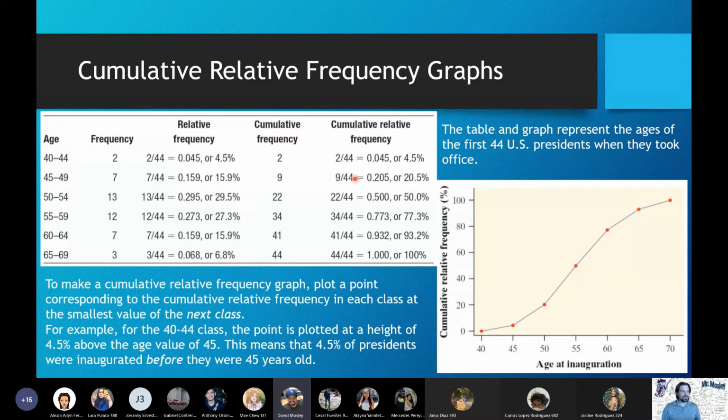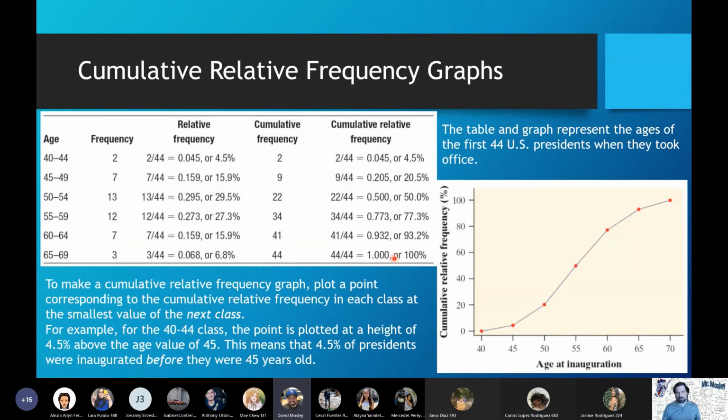Right, so again, 9 divided by 44, 22, 34, 41, 44. So this last value should be 100%. The cumulative relative frequency for the final class should be 100%. If it is not, if it's considerably greater or lower than that, then there's probably an error.